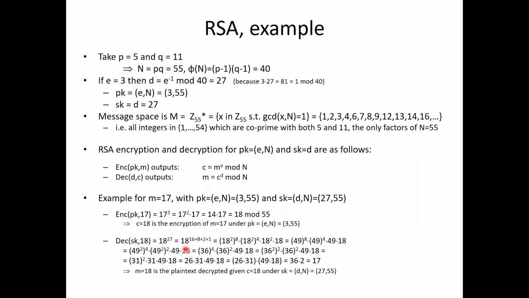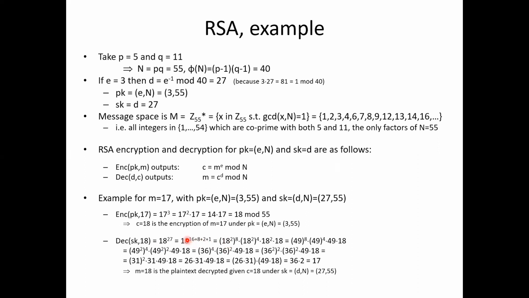Decryption is a more complicated thing, right? You take 18 to the 27, because the decryption exponent was 27. We want to write this using square and multiply on a piece of paper. The easiest way to do so is to write 27 as sums of powers of 2 and use square and multiply basically like this.